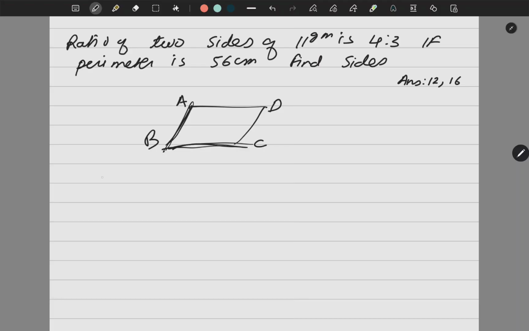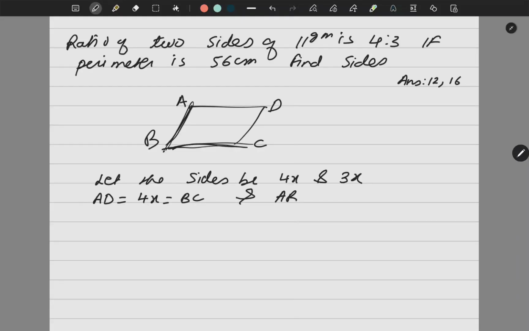Okay, so let the sides be 4x and 3x, because the ratio is 4:3. So now AD is equal to 4x, which is equal to BC, and AB is equal to 3x, which is equal to CD. What is perimeter?